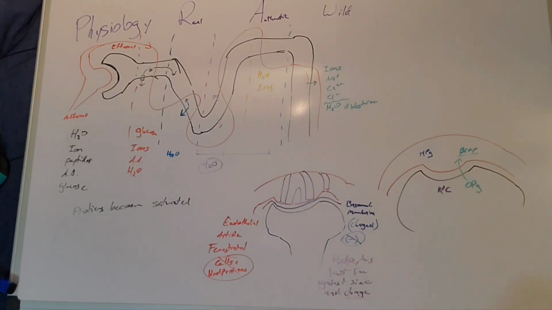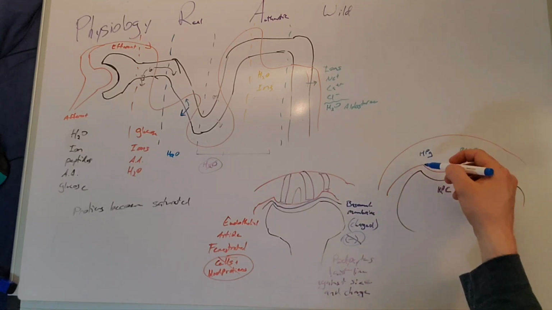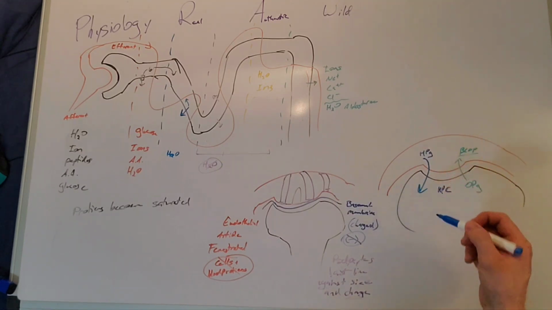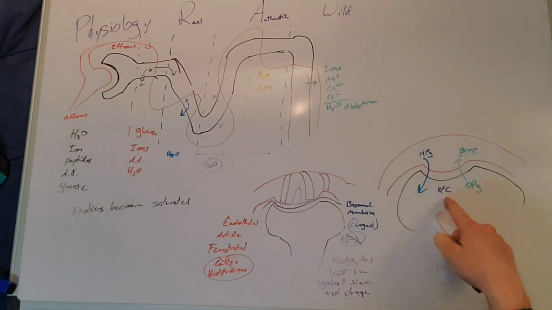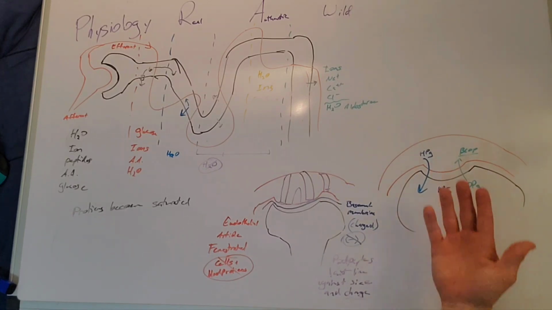And then we have HP, hydrostatic pressure. As blood comes in, it creates hydrostatic pressure that will push water that way. Then there's the hydrostatic pressure of the capsule, the fluid already in here pushing the water back out.